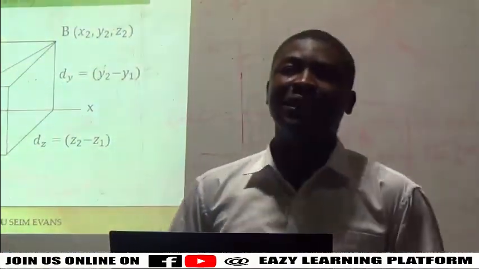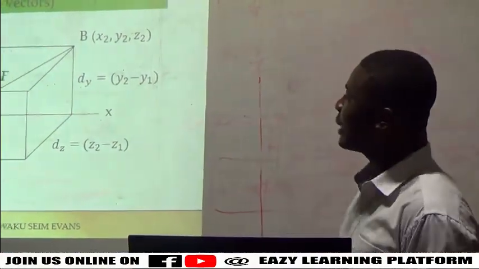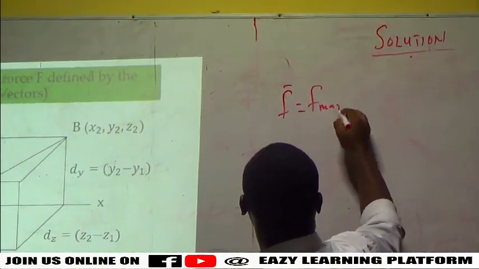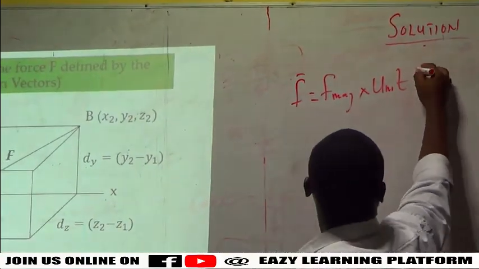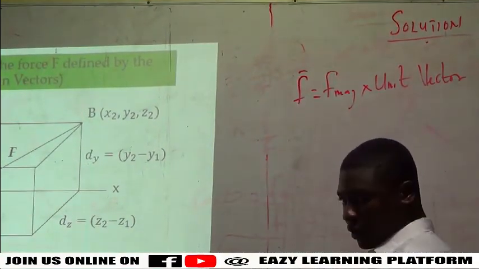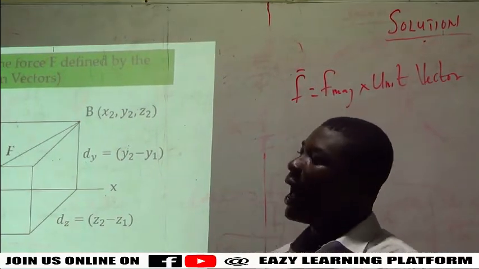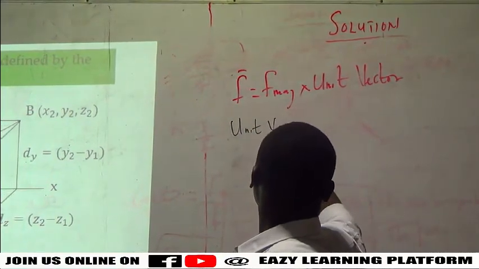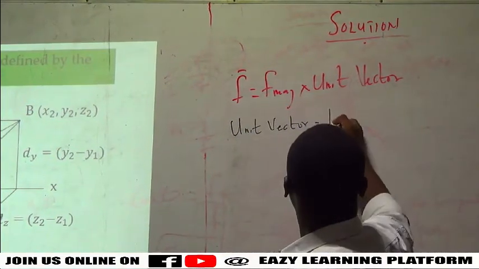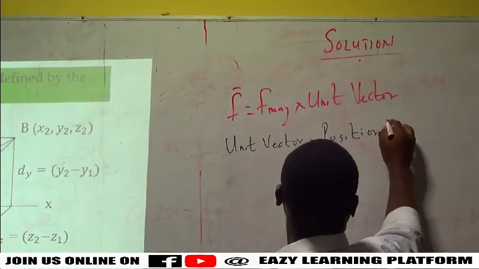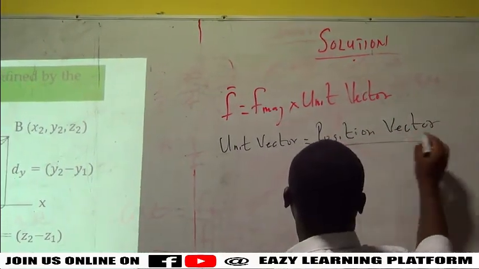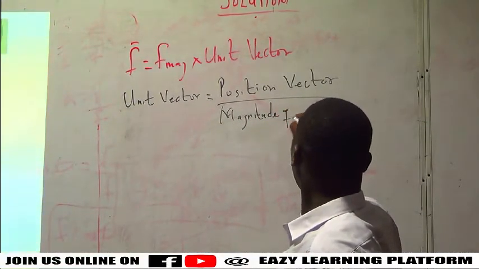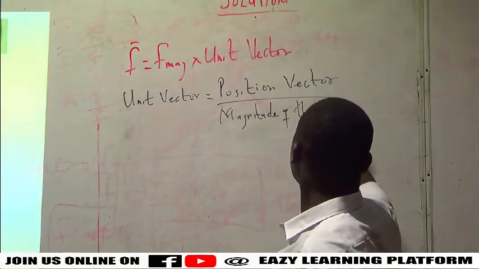Because if you want to find the force vector in a scenario like this, the force vector F is given by the magnitude of the force times the unit vector. Now, what is the unit vector? Unit vector is equal to position vector over magnitude of the position vector.